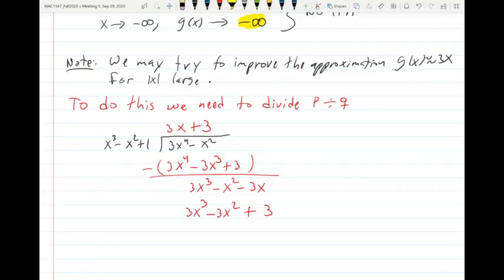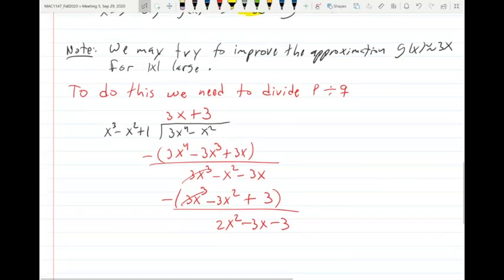So this shouldn't be an x here. This should be just plus 3x there. Okay, then we subtract, then these guys cancel out, and then we're gonna get negative x squared plus 3x squared, so we get 2x squared, and then minus 3x minus 3 is positive.